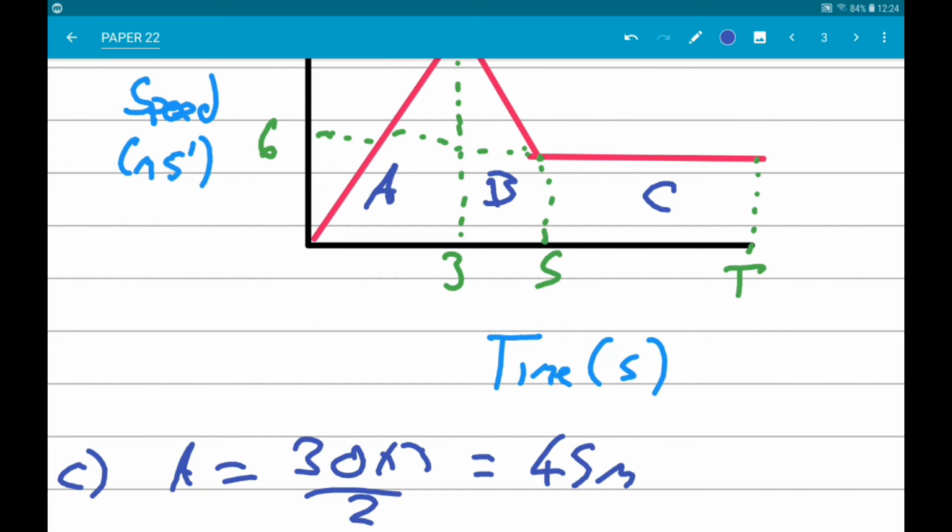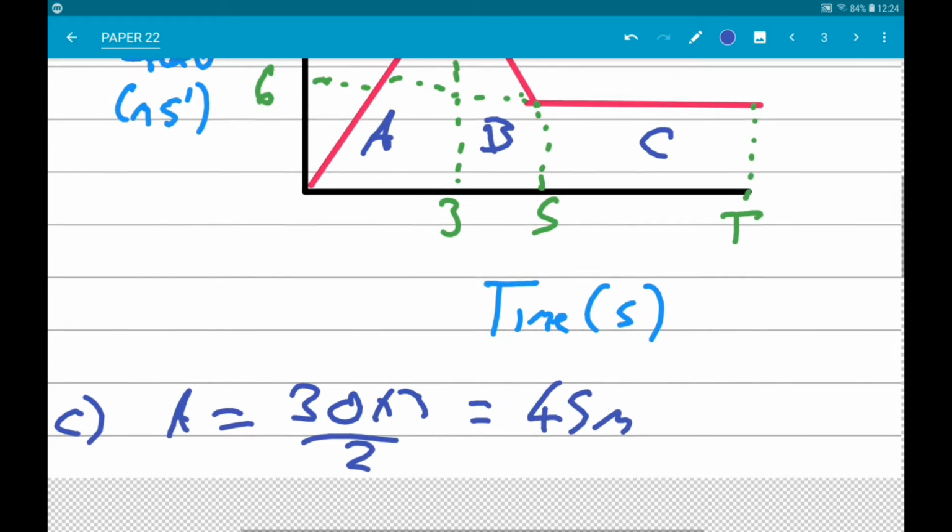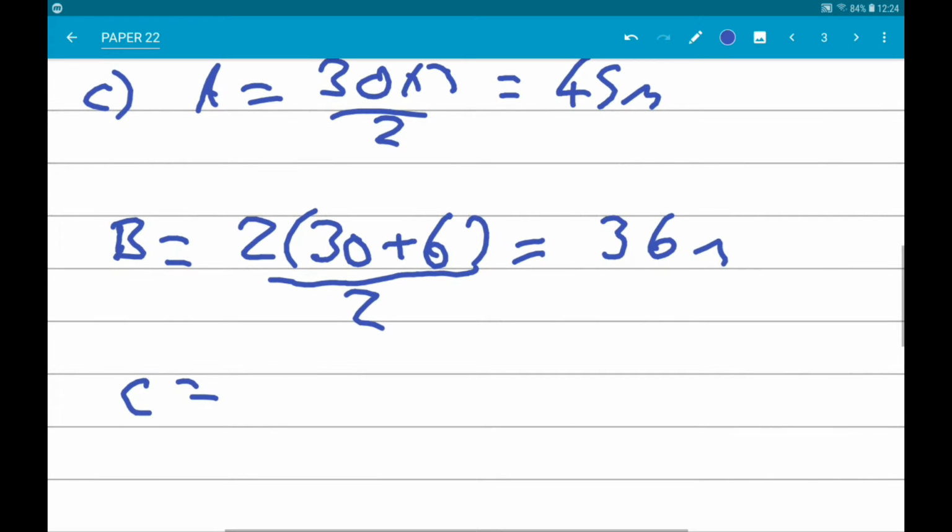So that's 6 lots of t minus 5. Okay, now we know those added together equal 550.